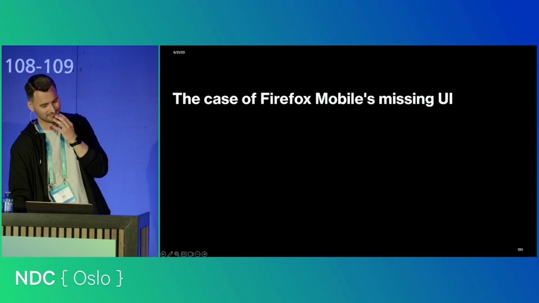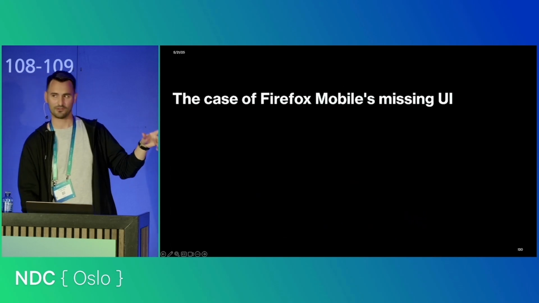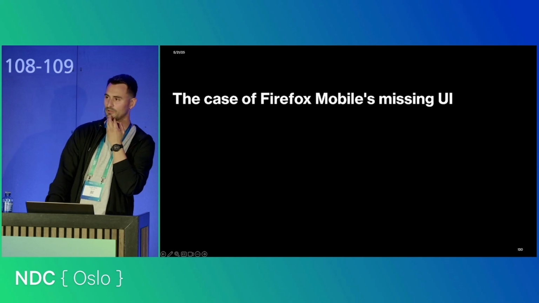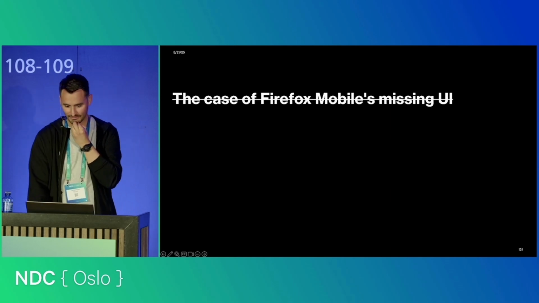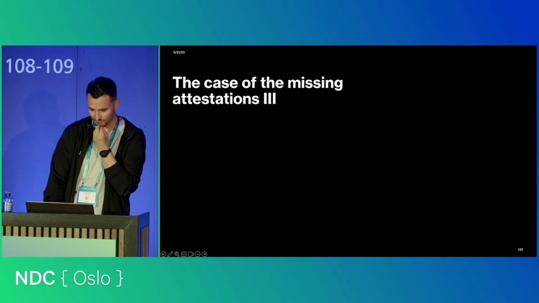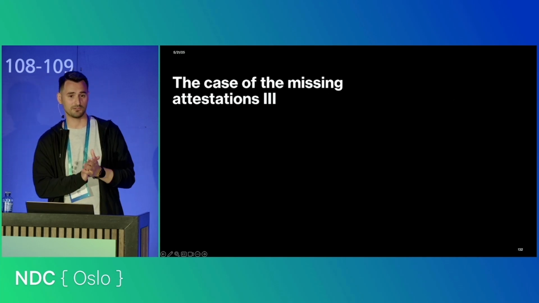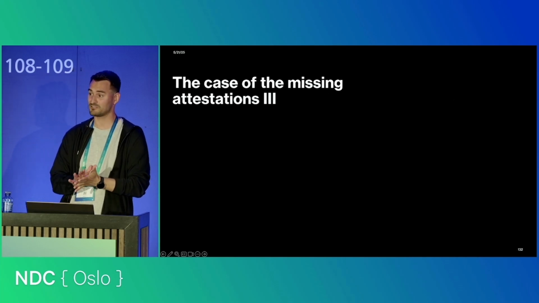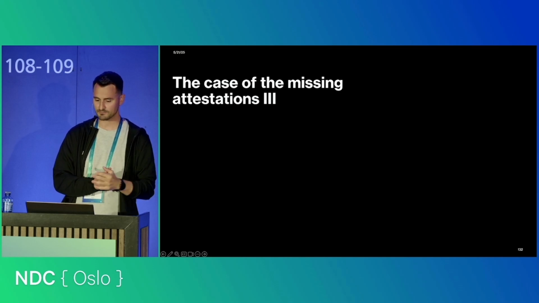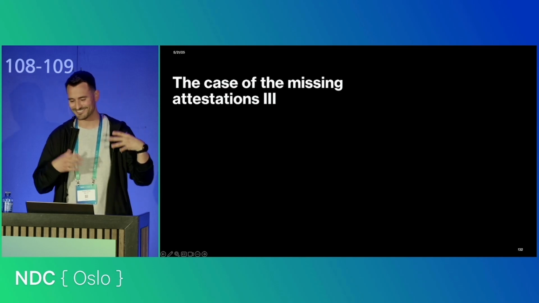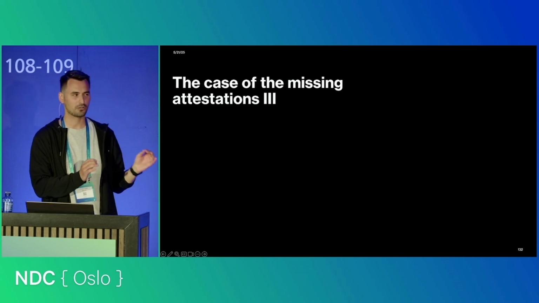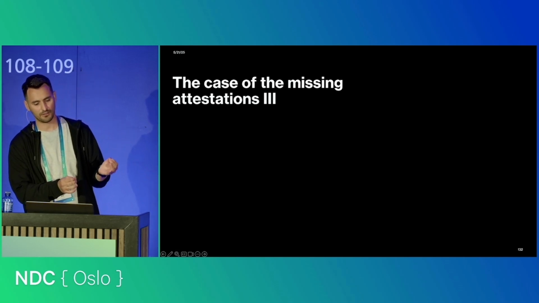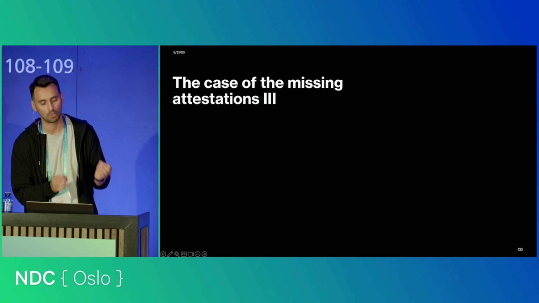Now, this story isn't related to the last one, except that it only happens on Android, and it has to do with missing attestations. Okay. So it turns out that in the context of the WebAuthn API, Firefox is very keen on the privacy aspects. So you know that attestation, that signed statement on the security characteristics of the authenticator, that actually includes an identifier of the authenticator model.